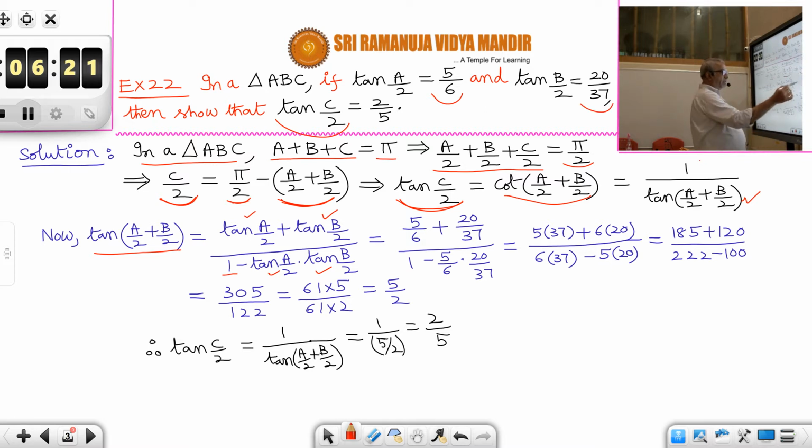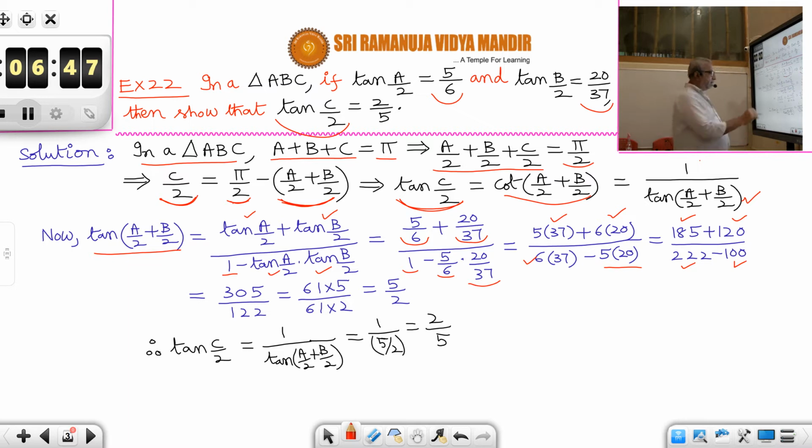So substitute those values. So 5 by 6 plus 20 by 37 divided by 1 minus 5 by 6 into 20 by 37. LCM 6 into 37, that will cancel out. So 5 into 37 plus 6 into 20. Denominator 6 into 37 minus 5 into 20. 185 plus 120 divided by 222 minus 100.